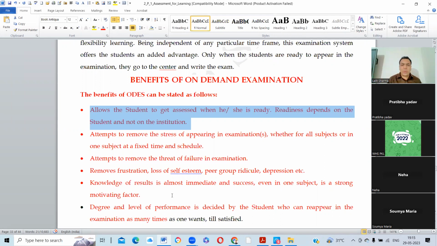So when the student wants to give the exam, we have to take the exam. The student is not bound. Because since independence, up to 70, 75 years, we are not getting skilled manpower. Then guys, up to these 75 years, what was the role of the teacher?